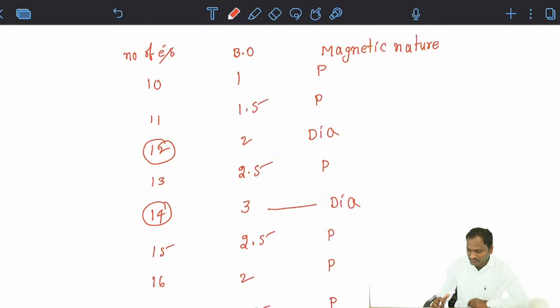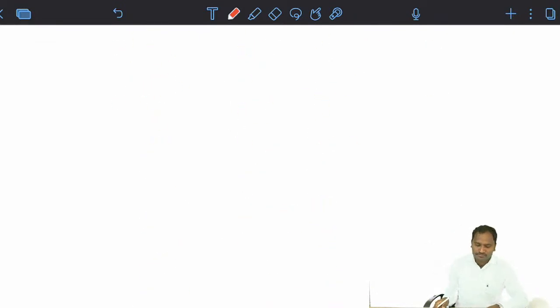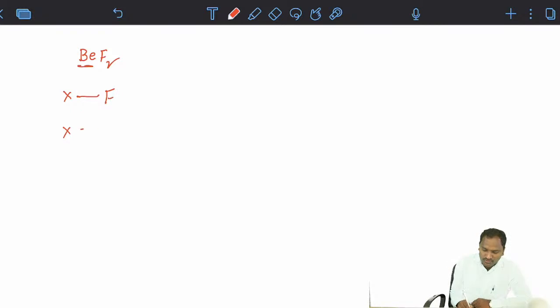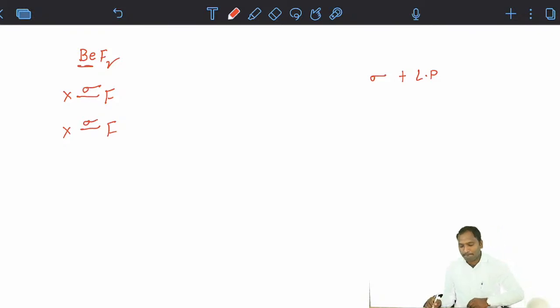I'll introduce how to find hybridization in a simple way. If they ask the hybridization of any molecule, first take the number of valence electrons of the central atom. Beryllium, since it belongs to group 2, has 2 valence electrons. These 2 valence electrons form 2 bonds with fluorine. Since they are single bonds, both are sigma bonds. Lone pairs are also included in hybridization. If the total number of sigma bonds and lone pairs is equal to 2, it is sp hybridization.